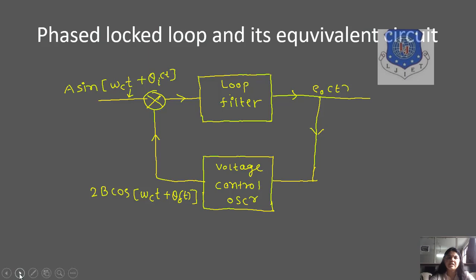The input signal, A sin(ωct + θi(t)), is multiplied with the signal produced by the voltage control oscillator, 2B cos(ωct + θo(t)). The loop filter, a low pass filter, passes the result, and the output produced is eo(t).